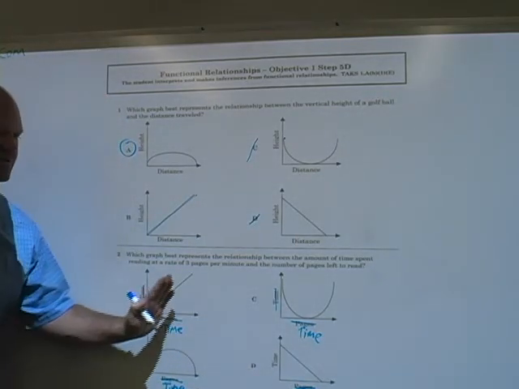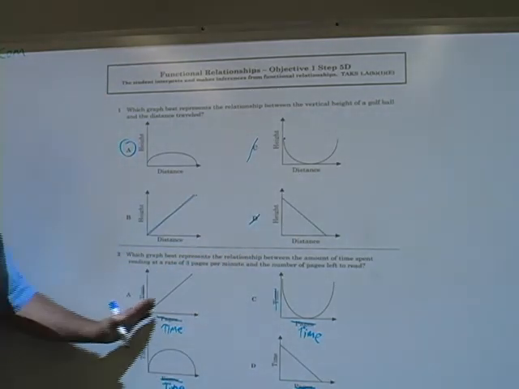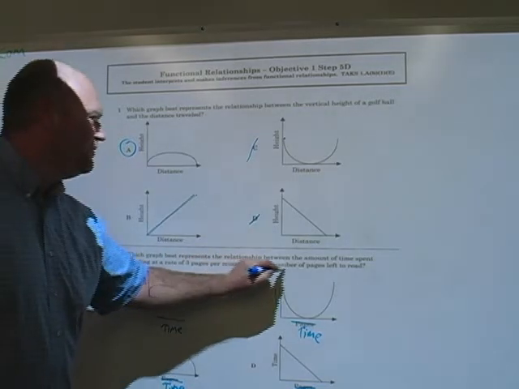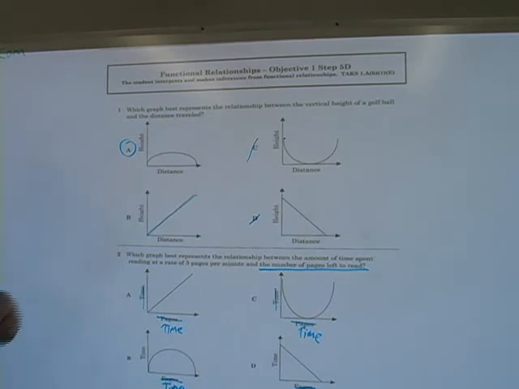As you move to the right, as time goes up, what's happening to the pages? It should be decreasing, because the number of pages left to read should start out high and then go down.